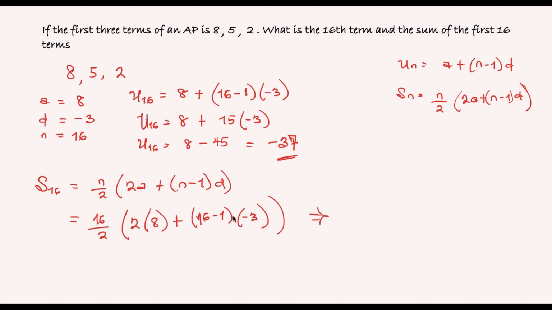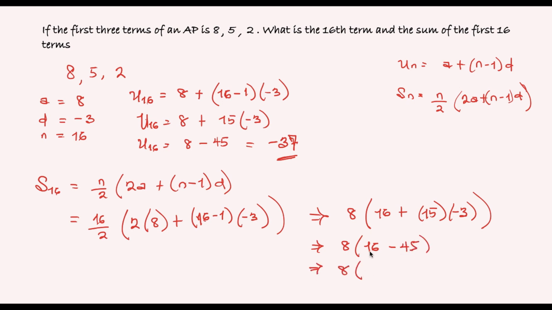So here we have that 16 divided by 2 is equal to 8. 2 multiplied by 8 is equal to 16, plus 16 minus 1 is equal to 15, multiplied by minus 3. So here we have that 8 multiplied by 16 minus 45, which is 8 multiplied by minus 29, is equal to minus 232.